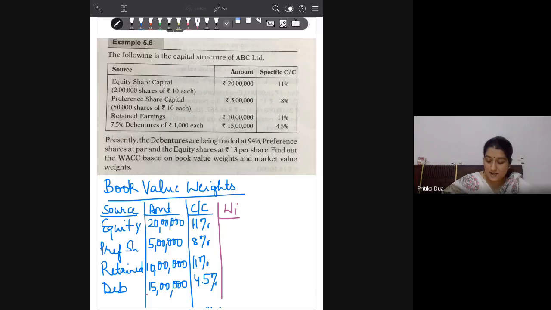So we add up this column. This is the column of book values for each source of finance. 25 and 40, 50 lakh is the total. Now to assign individual weights, this will be 20 lakh upon 50 lakh, which will give you 0.40.